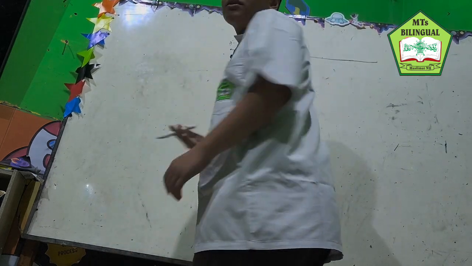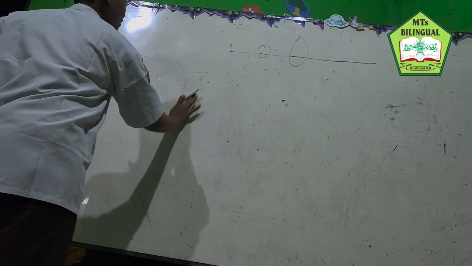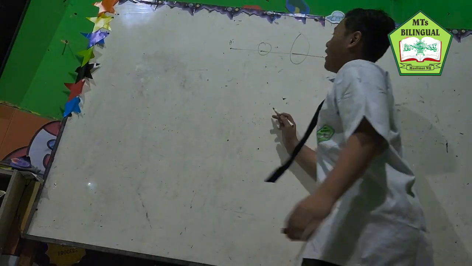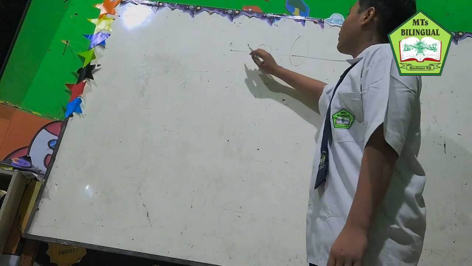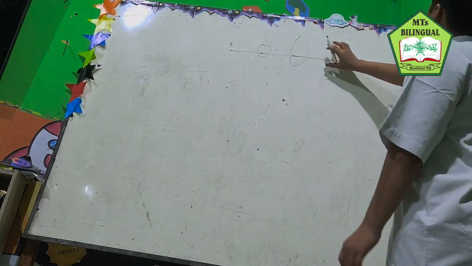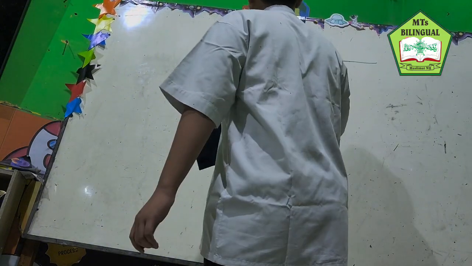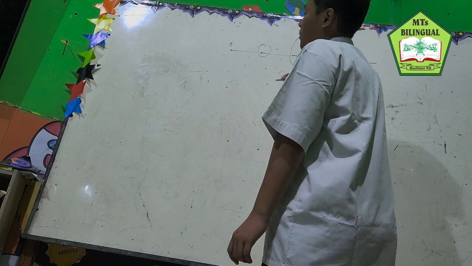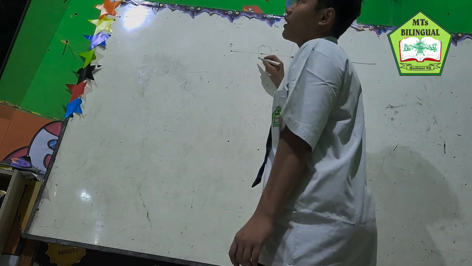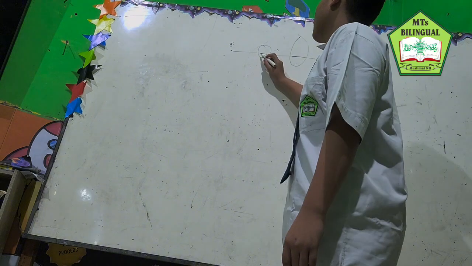When there is an object here, the focal length will reflect the light here and show the image. Every mirror or lens has a different focus point.